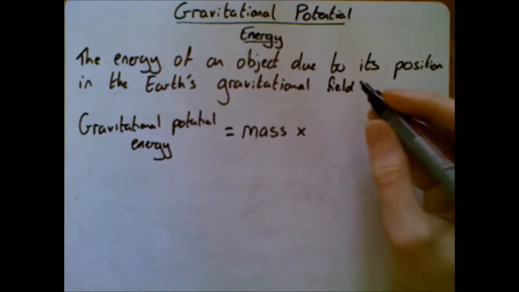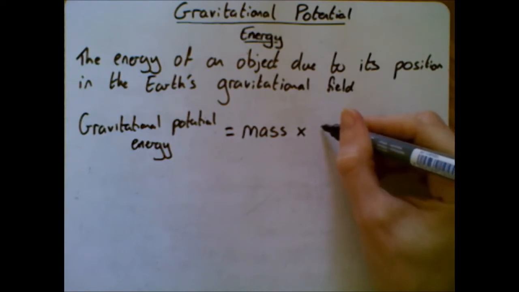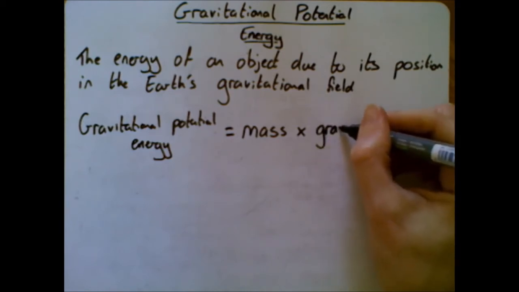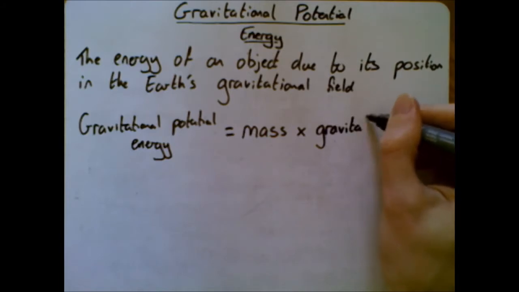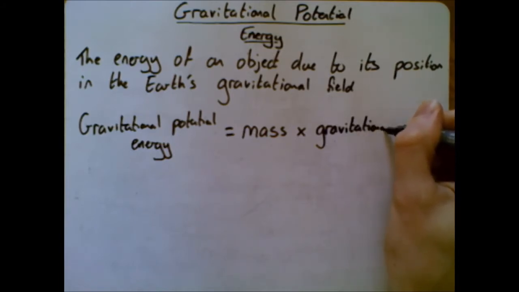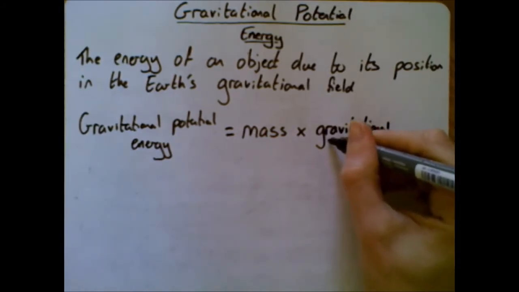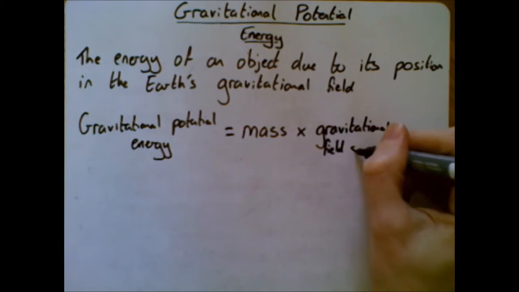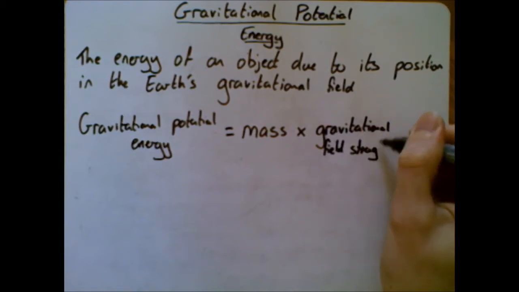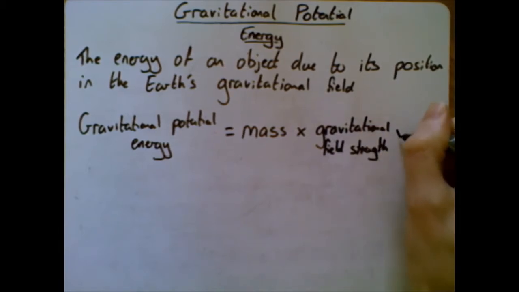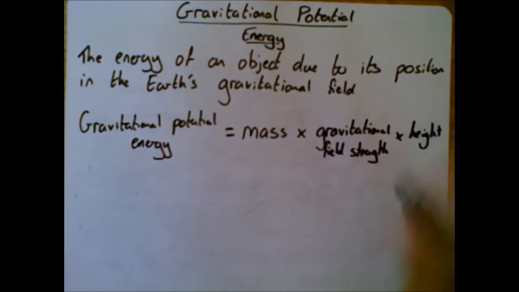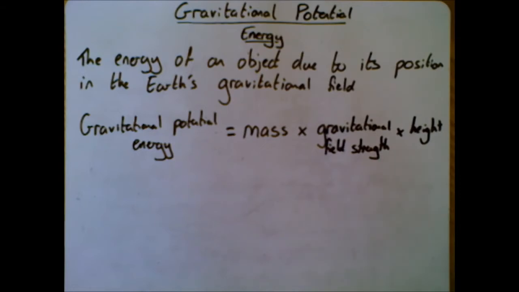Okay, multiplied then by the strength of gravity. Now you might remember that that is known as gravitational field strength. We did actually mention that a couple of videos ago. And then multiply by the height, how high up you've moved the object. Okay, so those are our three things being multiplied together.